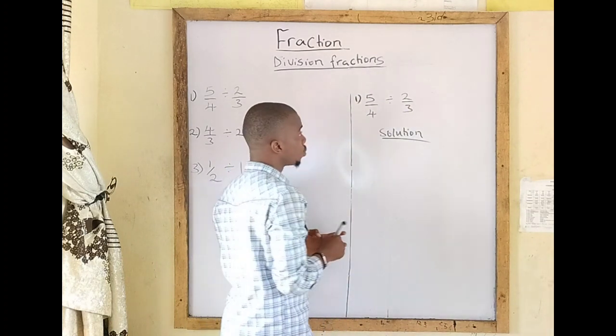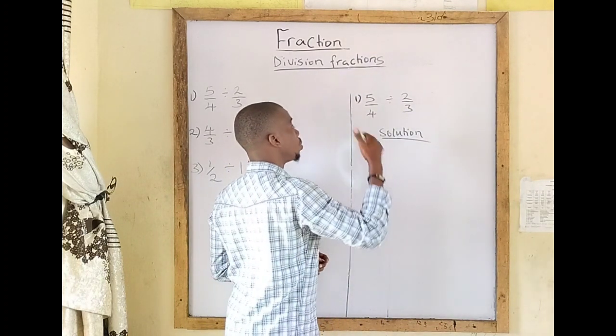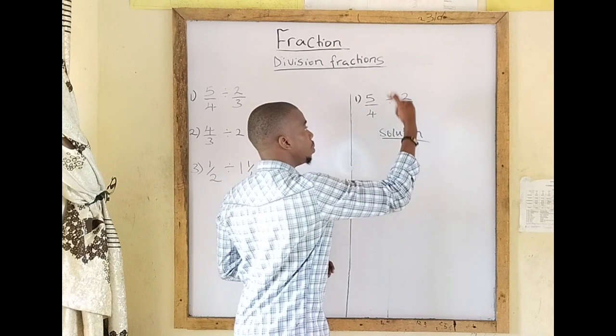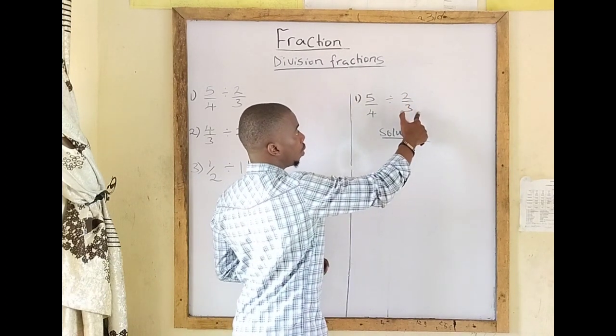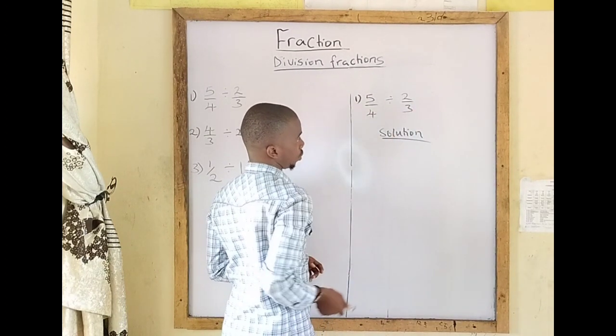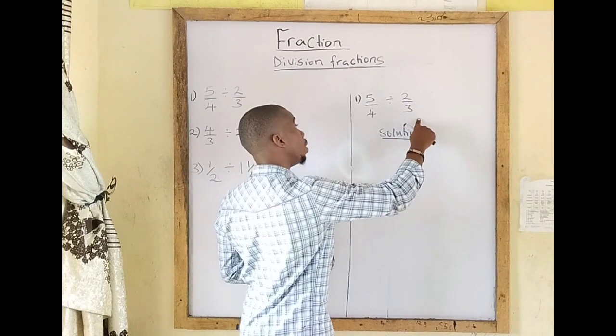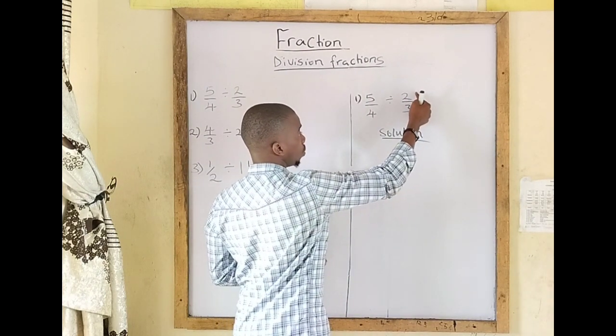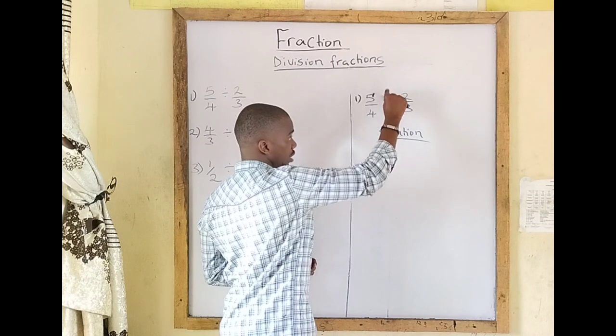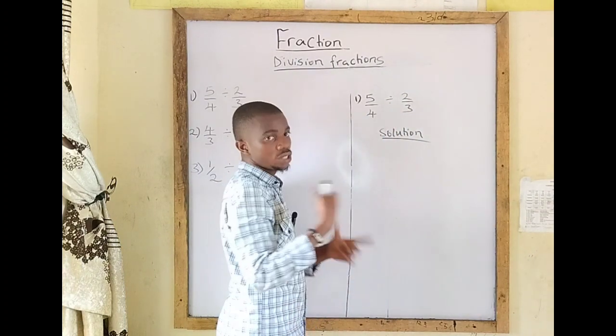What we will always do is take the reciprocal of the second fraction. And when we take the reciprocal of the second fraction, the division sign will change to multiplication.